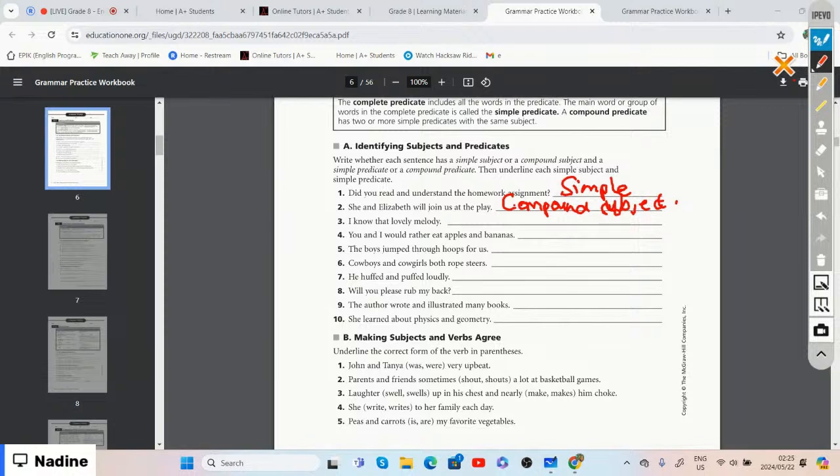So if we were to go to number four, which says, you and I would rather eat apples and bananas, then once again, you and I, we would say it is a compound subject, because of you and I, apples and bananas.